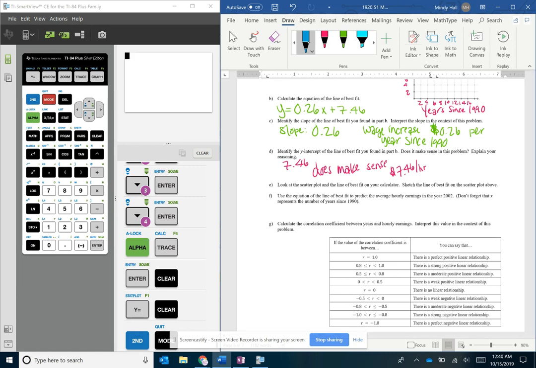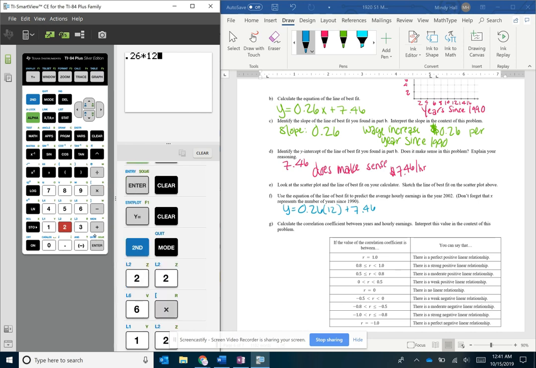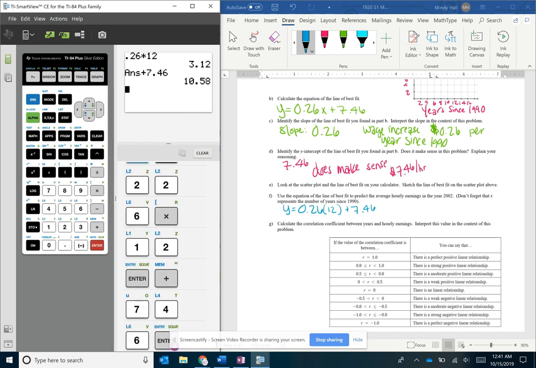So that would be y equals 0.26 times 12 plus 7.46. So 0.26 times 12 plus 7.46 gives us 10.58. So that means by 2002, it's approximately $10.58.